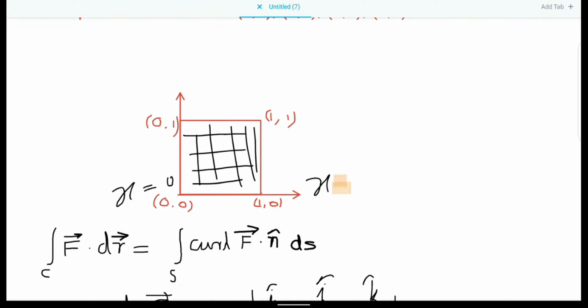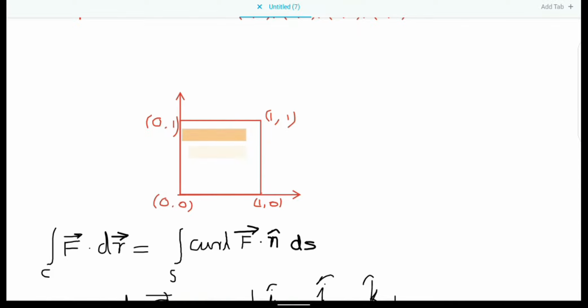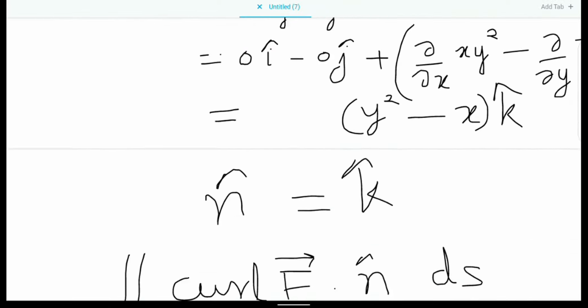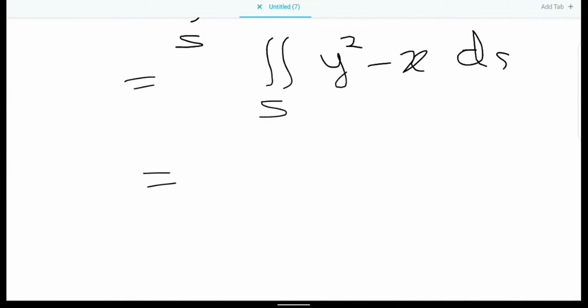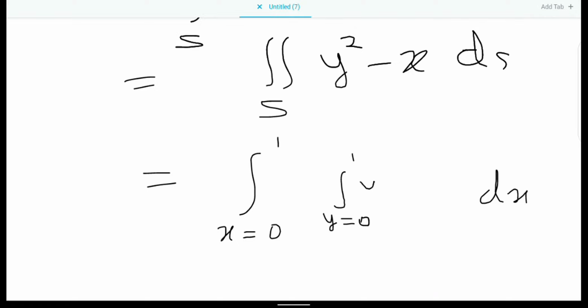Pretty simple. That's the simplest surface that we have. Let's do it. So this surface integral is the integral with x changing from 0 to 1 dx, and then y changing from 0 to 1 of (y squared minus x) dy.